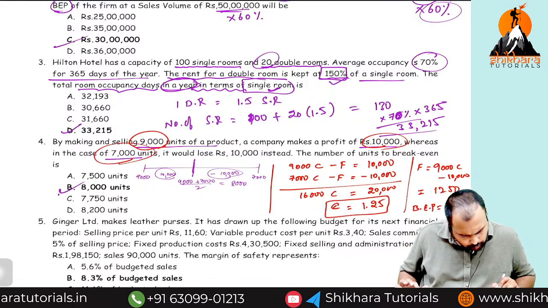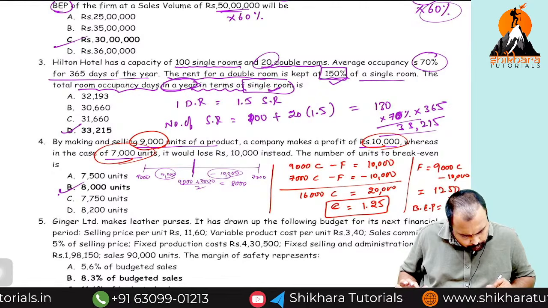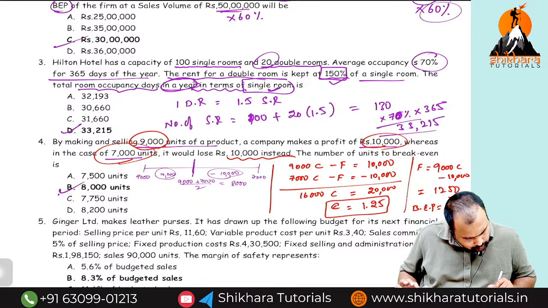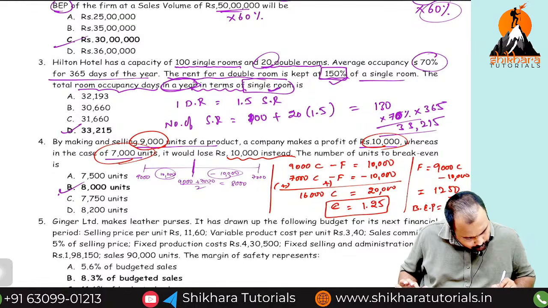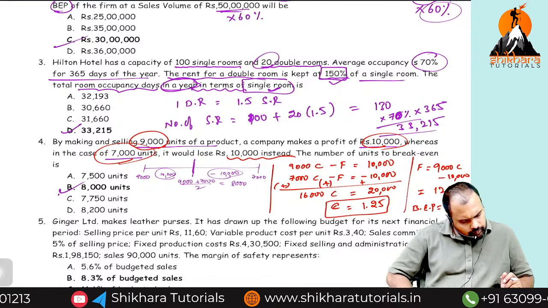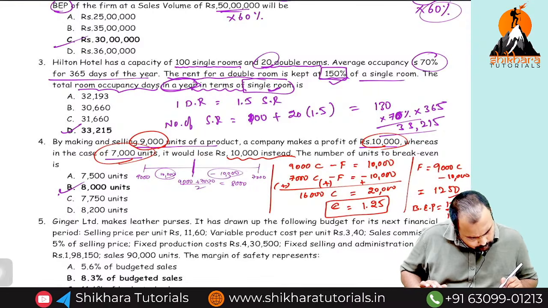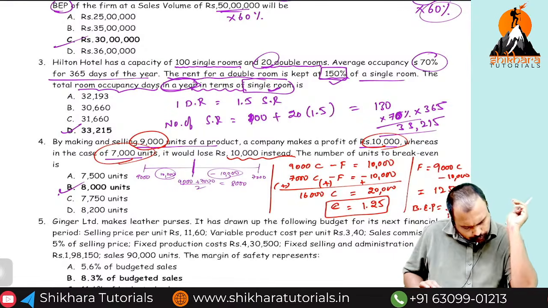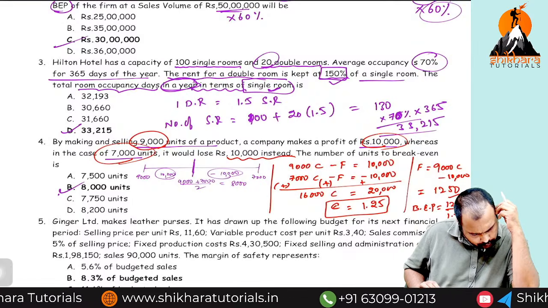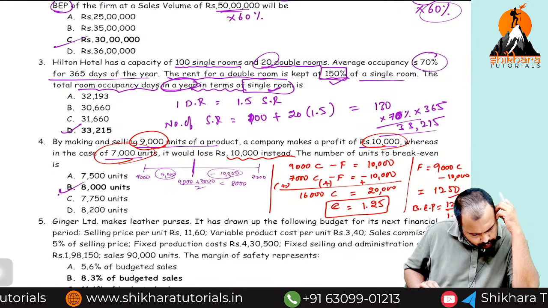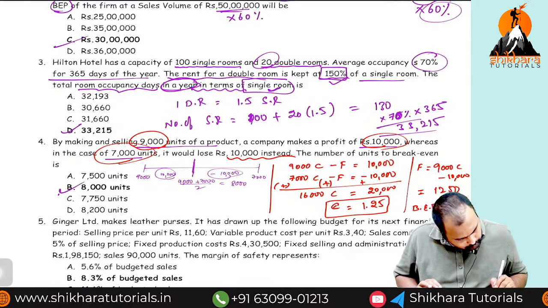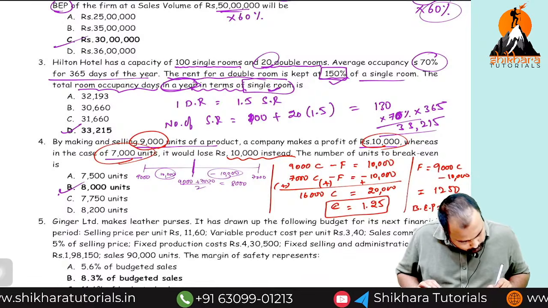Whereas 7,000 units contribution minus fixed cost makes a loss of 10,000, correct? Sorry sir, calculation mistake.